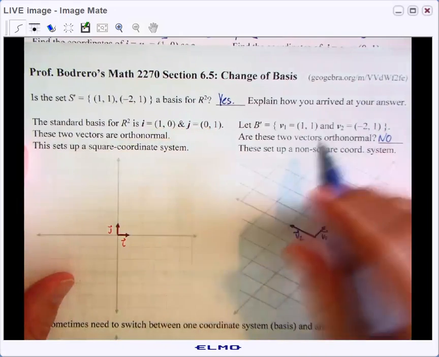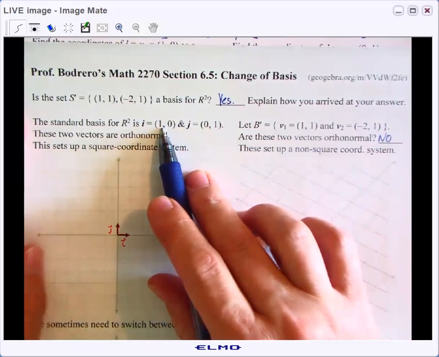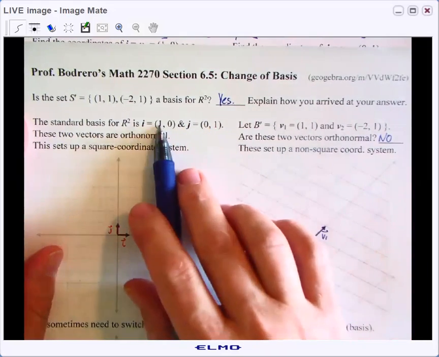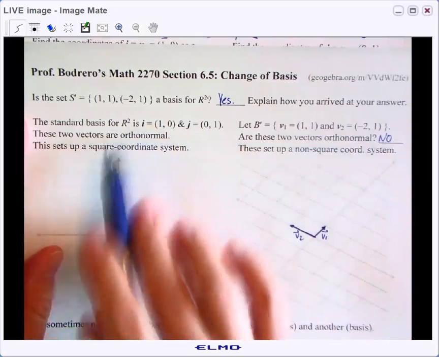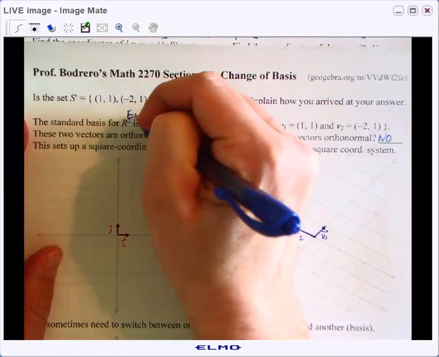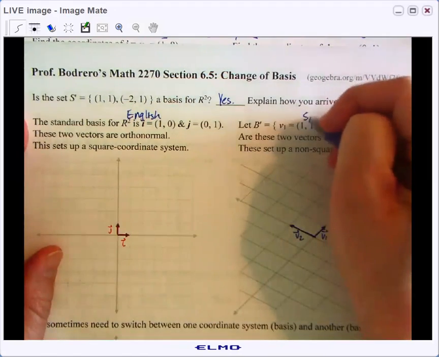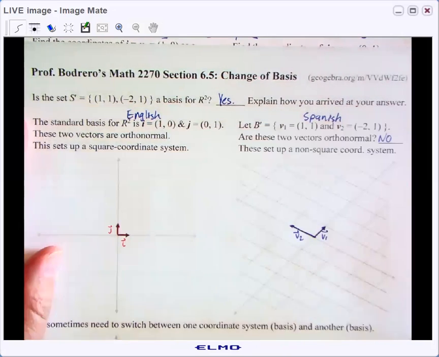So you'll notice that this was written in terms of my English language, 1 of these plus 1 of these, and -2 of these and 1 of these, to make these guys. So it's like saying that this is English and I need to convert to Spanish. That was my first foreign language, was Spanish, and we were able to do that.